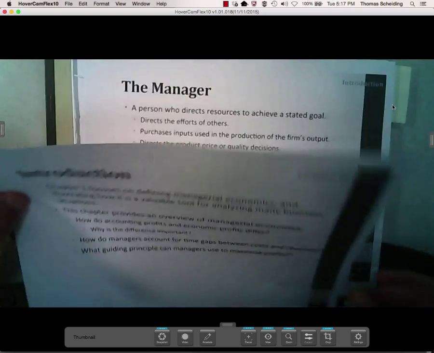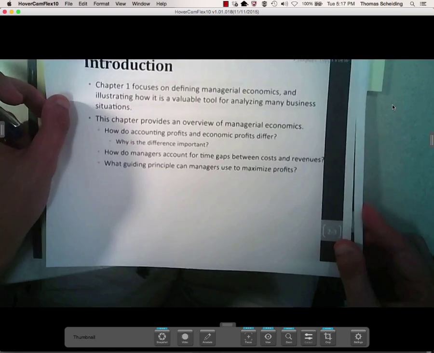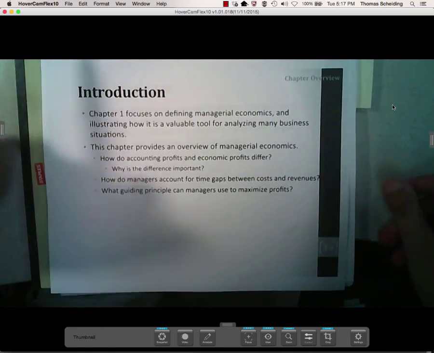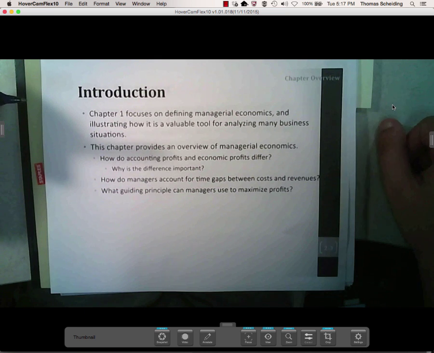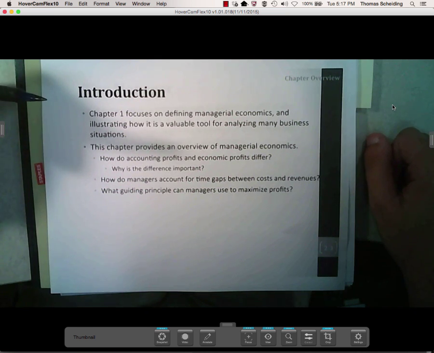So the question then becomes, what does econ have that it can provide to the business setting for the manager?